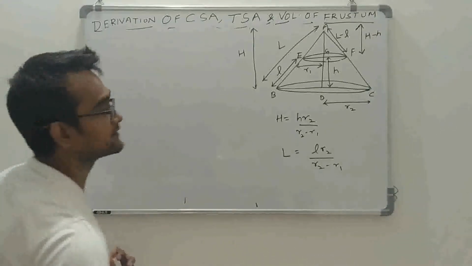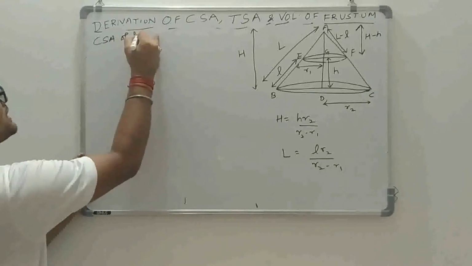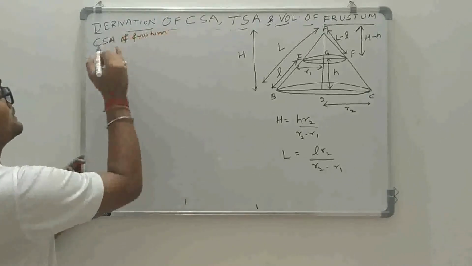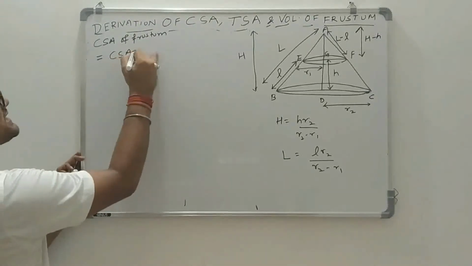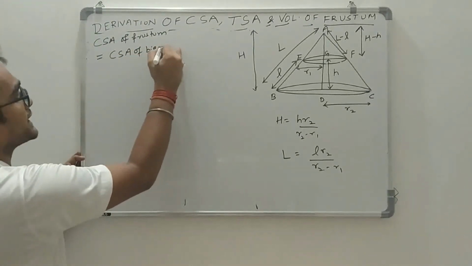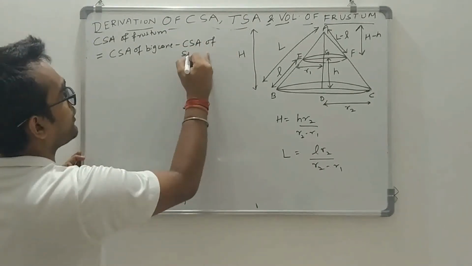Now I am deriving the formula of curved surface area of Frustum. So the CSA of Frustum will be CSA of big cone minus CSA of small cone.